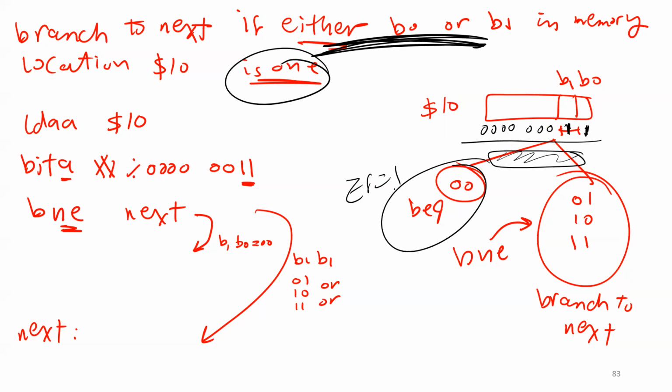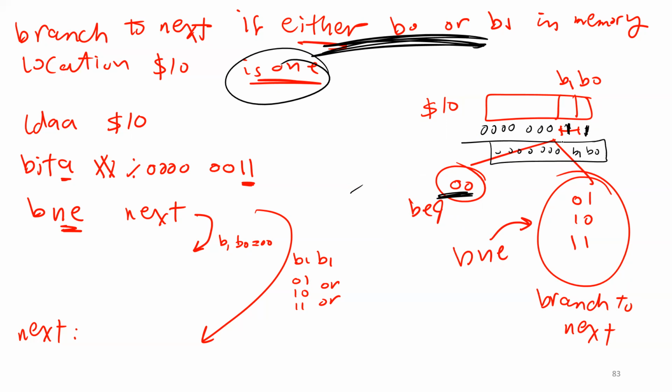That means both of them are zeros, because what I'm going to get after you do this AND, guys, is actually B0, B1, and then 0, 0, 0, 0, 0, 0. This is the byte I'm going to get. So the only way this byte can be 0 is when these 2 bits are zeros. Is that okay?